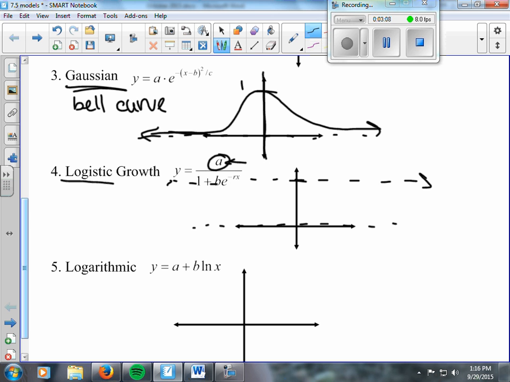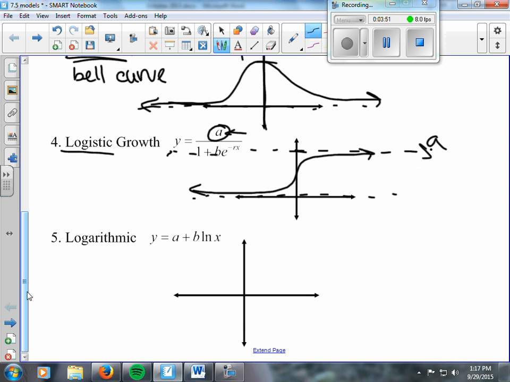What happens is we have sort of an exponential growth, but what really happens is there's a natural carrying capacity that the population will hold, and your population will not grow beyond that number. For example, the Earth and humans has a natural carrying capacity, and I think that they're all pretty set that the natural carrying capacity is around 13 billion people. And so we follow this exponential growth curve where a would be 13 billion.